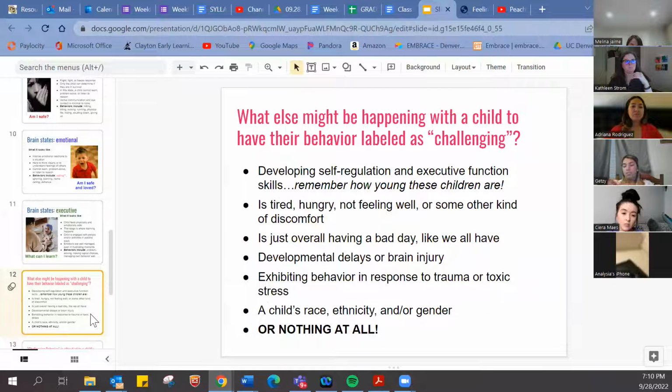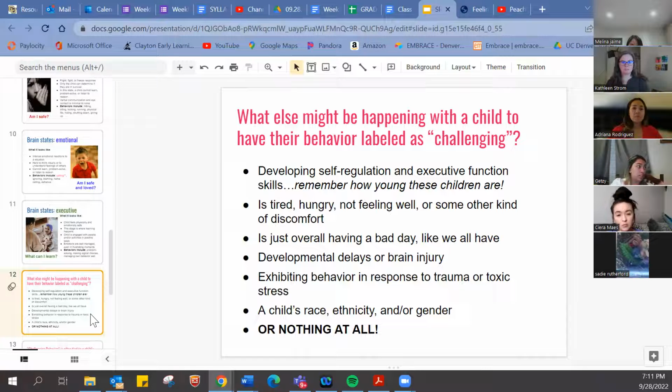So when a child is exhibiting behavior, it's tied to emotion, right? You behave in a certain way because you're feeling a certain way. And so when we're talking about this question of when a child's behavior might be labeled as challenging, these are some of the times that might come up.